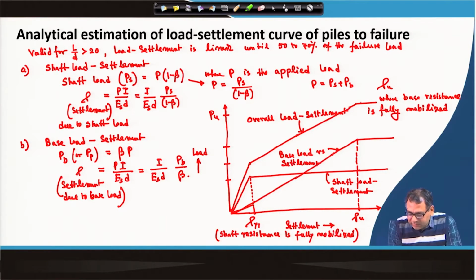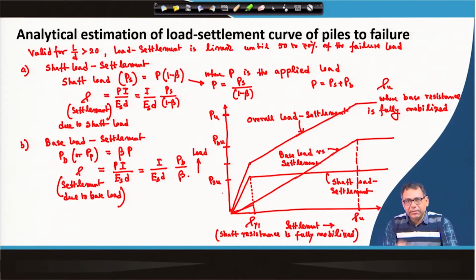So, this is equal to the P u and this one is P b u, that means the ultimate base resistance, this one P s u ultimate shaft resistance and this one P y 1.